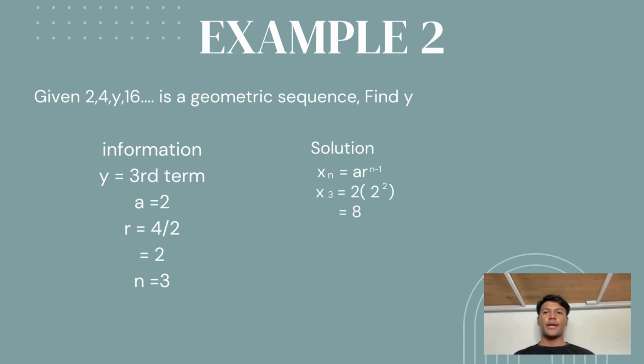They want to find y and the information we got is y is the third term, a equals 2, r equals 4 divided by 2, which is 2, and n equals 3. To solve this problem, we must use the formula xn equals a r to the power of n minus 1. We transfer the information to the formula and we get x3 equals 2 times 2 to the power of 2, and we got 8.